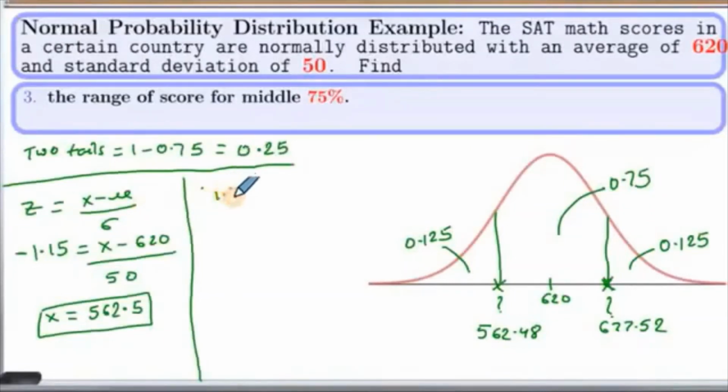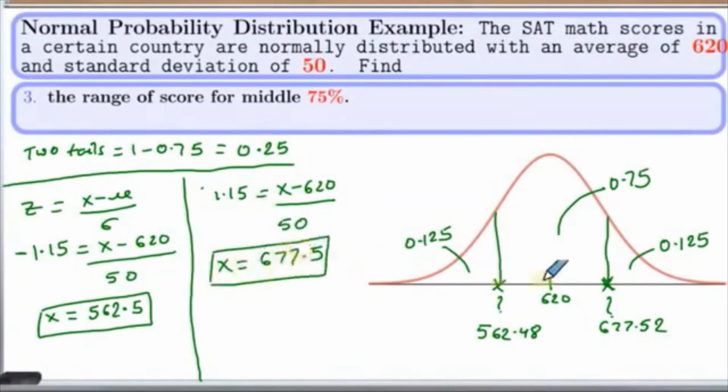So that is 1.15. We are trying to find x, and our mean is 620. And we know the standard deviation is 50. Now, if we solve for x, we get 677.5. And this is approximately equal to what we got over here using the calculator.